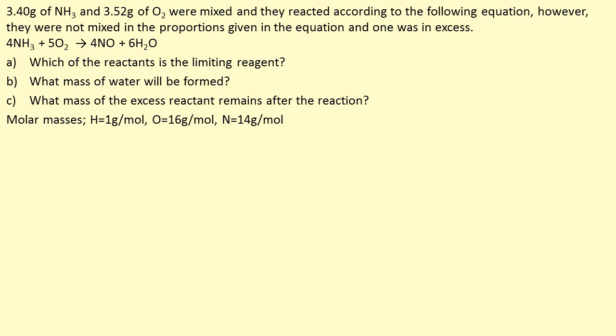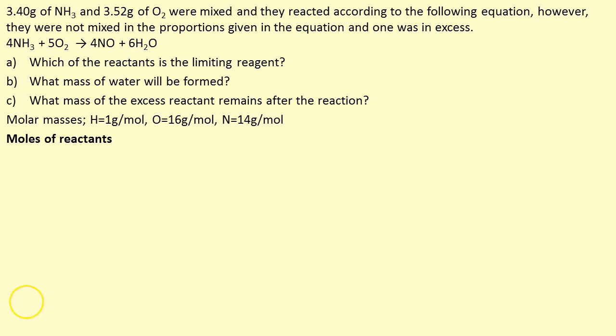The molar masses are: 1 mole of hydrogen atoms will have a mass of 1 gram per mole, 1 mole of oxygen atoms will have a mass of 16 grams per mole, and 1 mole of nitrogen atoms will have a mass of 14 grams per mole.